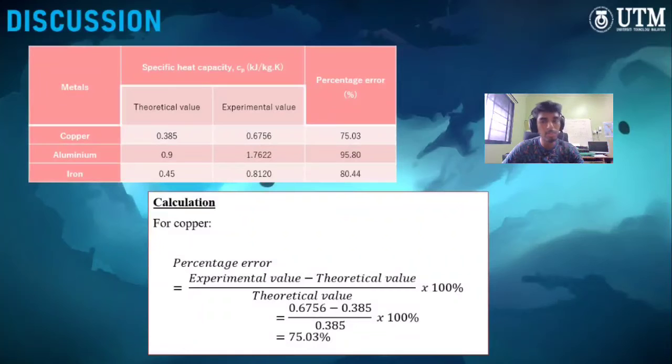And for the theoretical value, we used some internet sources and reference books to find the value of the specific heat capacity for copper, aluminium and iron. After that, we also calculate the percentage error between the theoretical value and experimental value.